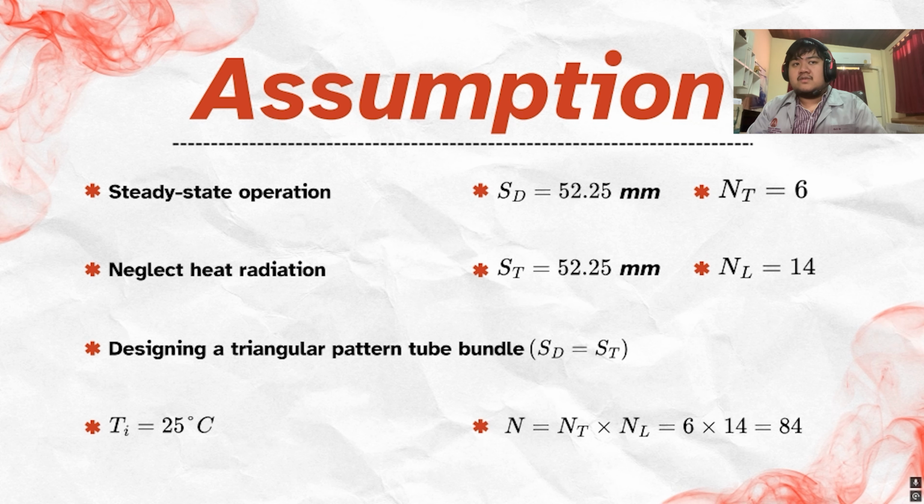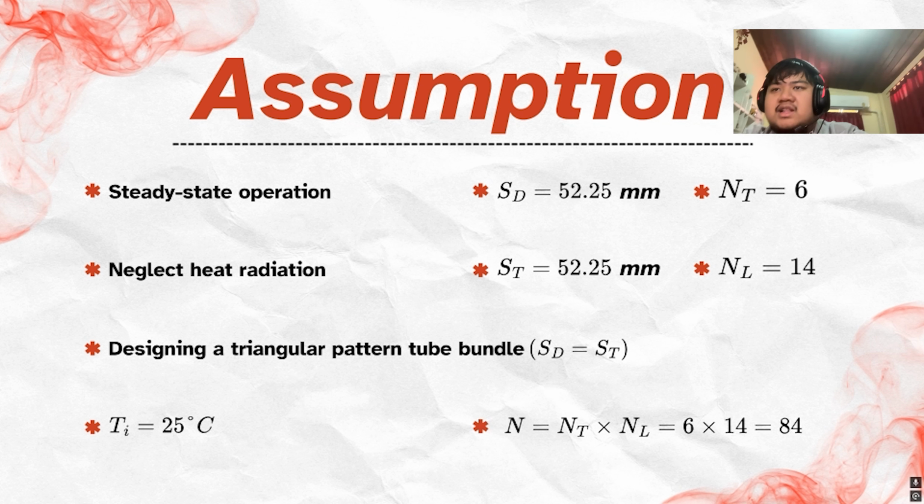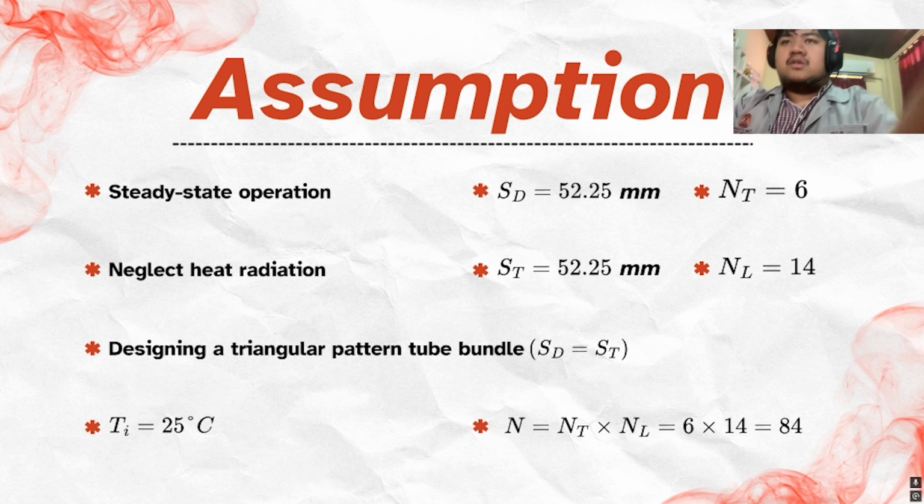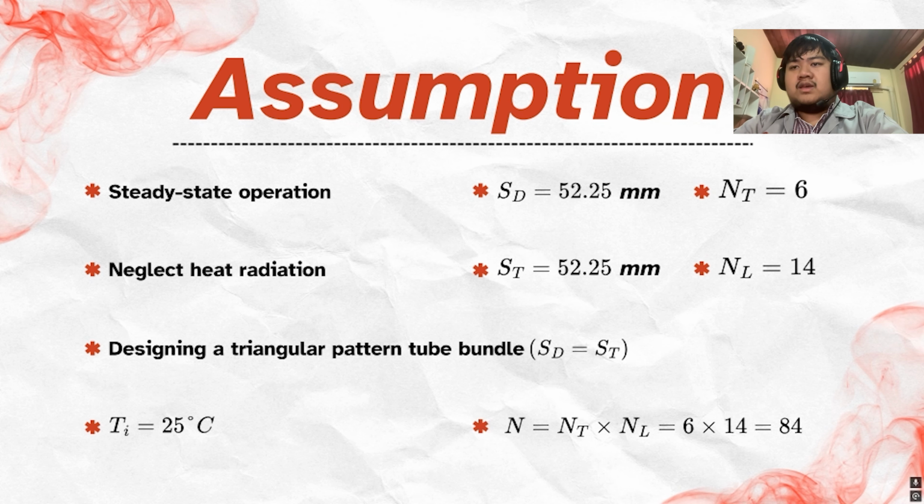And fifth, SD is 52.25 mm. The sixth, ST is 52.25 mm. And seventh, NT is 6. Eighth, NL is 14. And the last is NT 84.